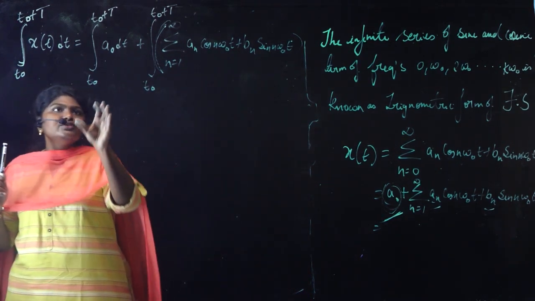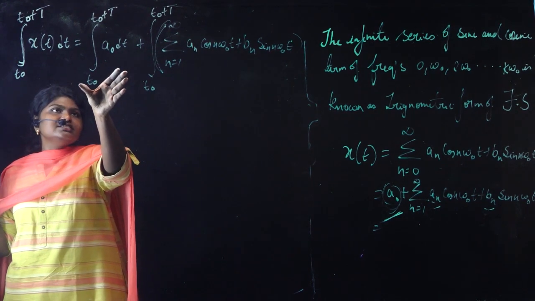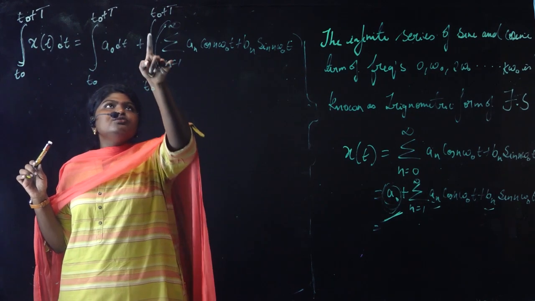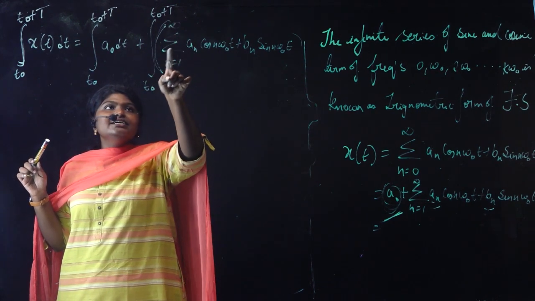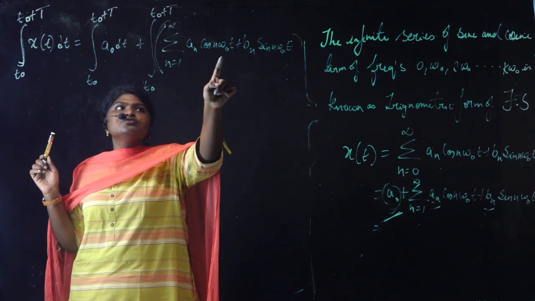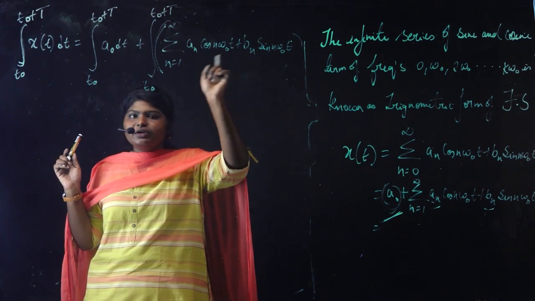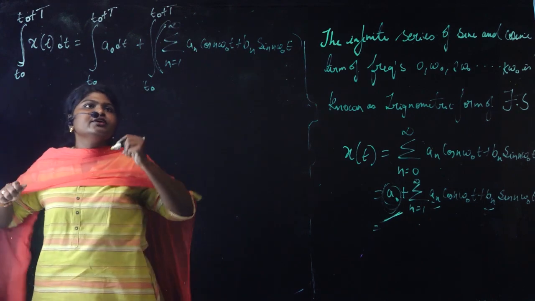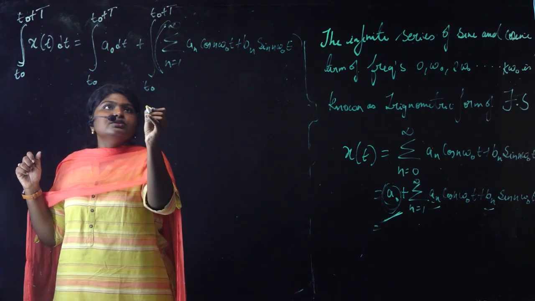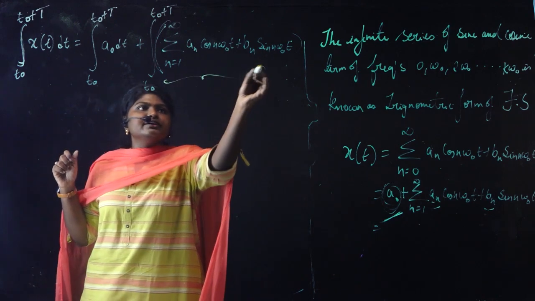You just keep this aside, it is integrable and we will find it out. Here, the integral from t₀ to t₀ + T of Σ (n=1 to infinity) aₙ cos(nω₀t) + bₙ sin(nω₀t) we will determine now. We will leave the other part aside, it is integrable as I said. So only this part I am doing.